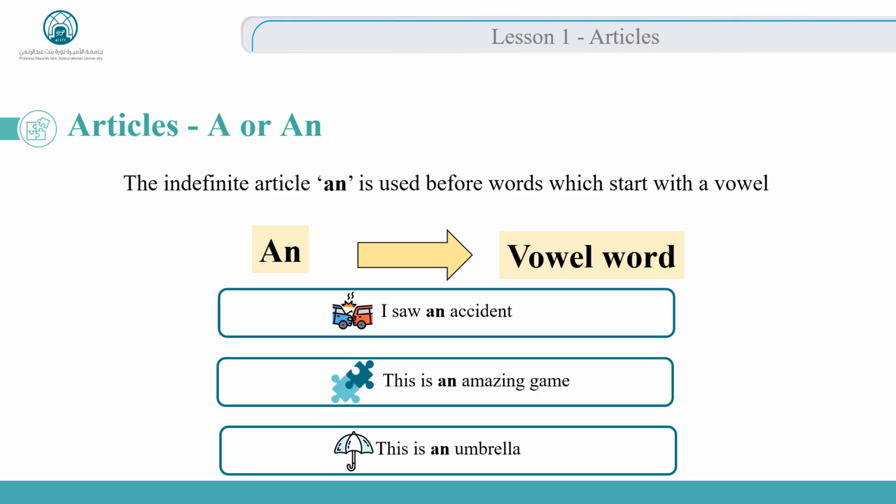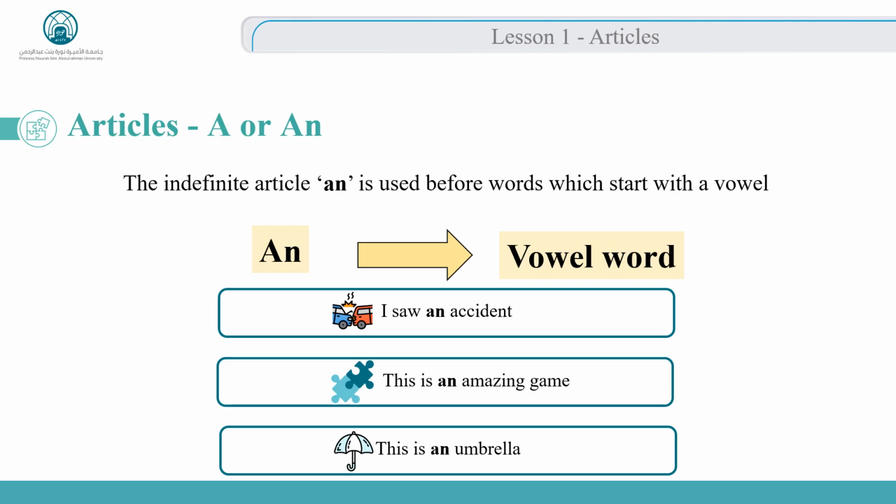Now we come to the indefinite article an. An is used before the words which start with a vowel sound. Remember with me, when you were a young child in school, your teacher told you this. English has 5 letters which represent all the vowel sounds.